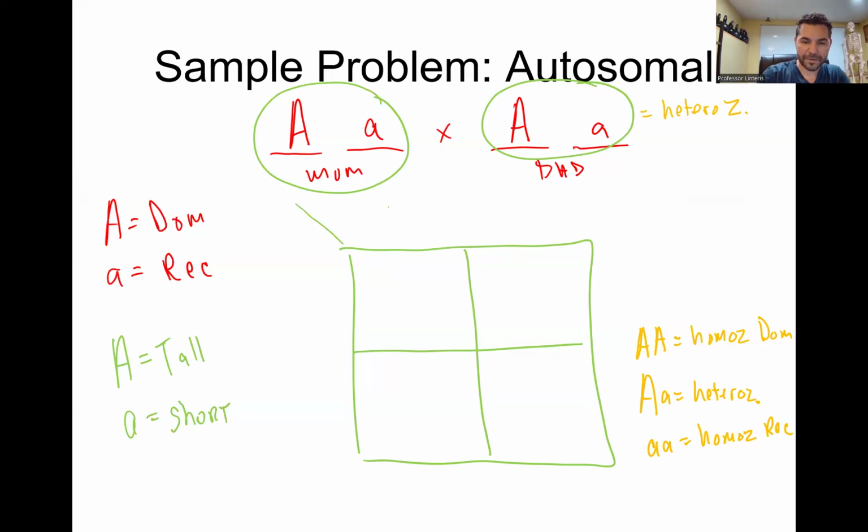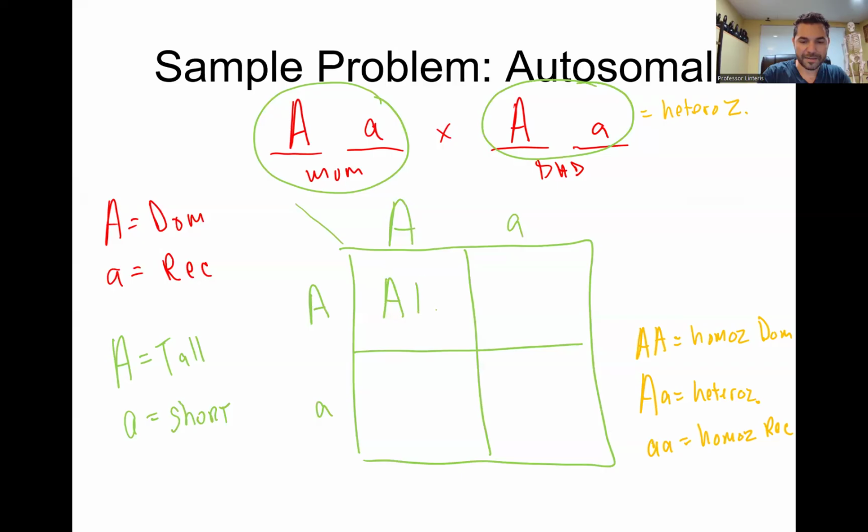So when we do our Punnett square, and it doesn't matter who goes where, mother, father, top side, we're going to look at if they had offspring: half of the sperm would have a big A, half of the sperm would have a little a, and half of the eggs, in theory, would have a big A or a little a.